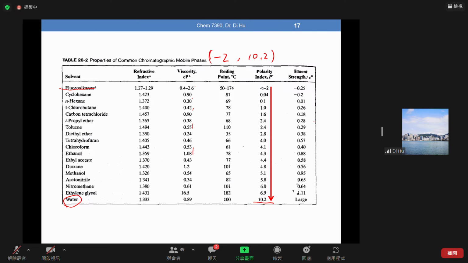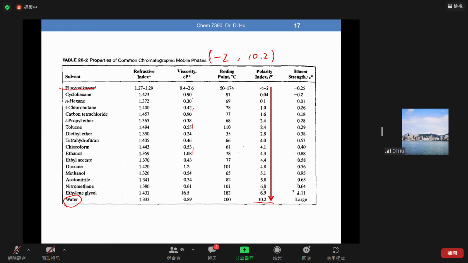So what does that mean? For HPLC, we are not just using one single solvent as the mobile phase. We often have phase A and phase B, right? If we are doing gradient elution, phase A is water and buffer solution, and phase B is the organic phase. You are changing the percentage of the water phase and the organic phase.